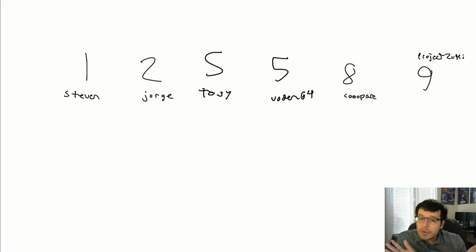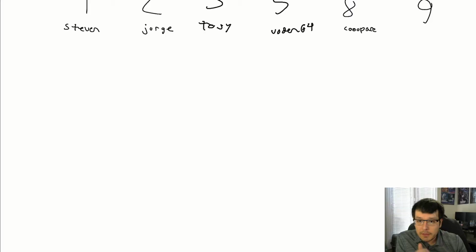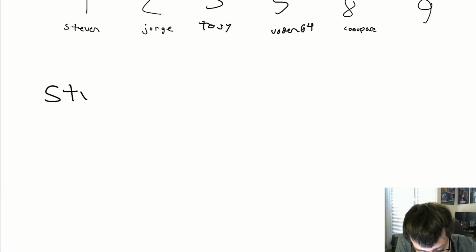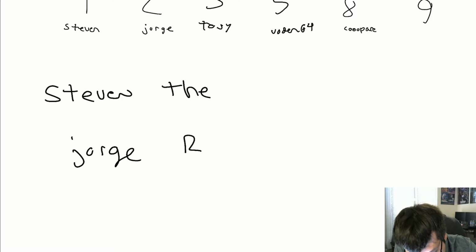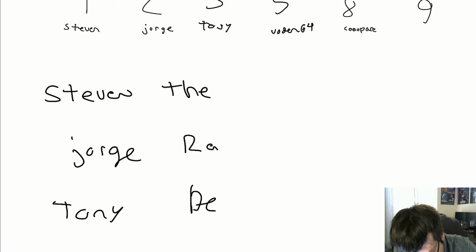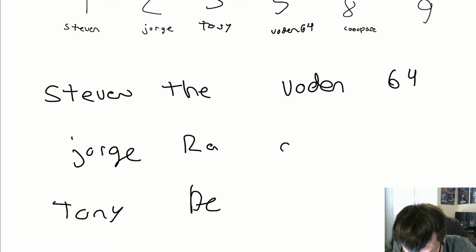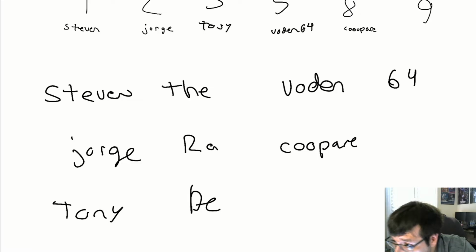Now, suppose that you are trying to sort something that is made up of first and last names. Okay? So let's say that here we have the following. We're sorting a person called Steven, Jorge R, A, I don't know, Tony DE, Voden, I guess 64 is their last name, and then you had a number next to your thing, didn't you?